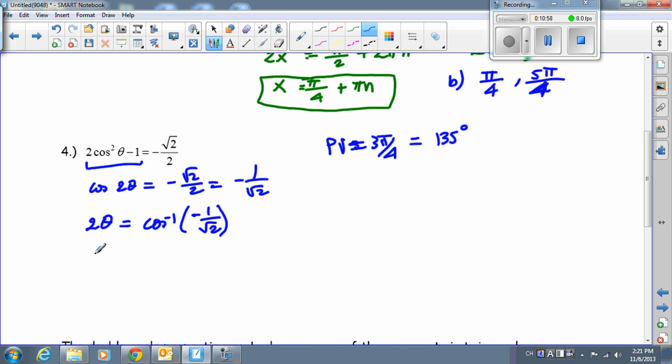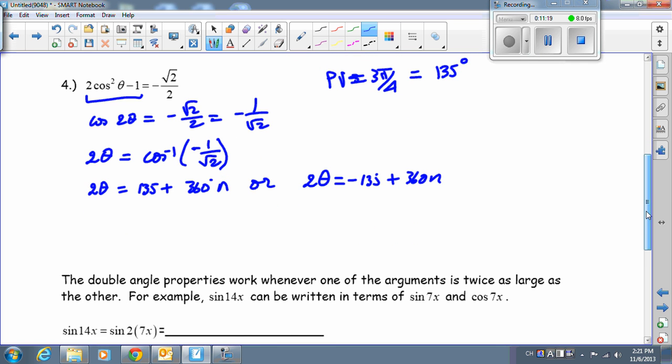So I will end up with 2 theta is equal to 135 plus 360 degrees n, or because it's cosine, I will say 2 theta is also equal to negative 135 plus 360 n. From here, I will solve them separately.